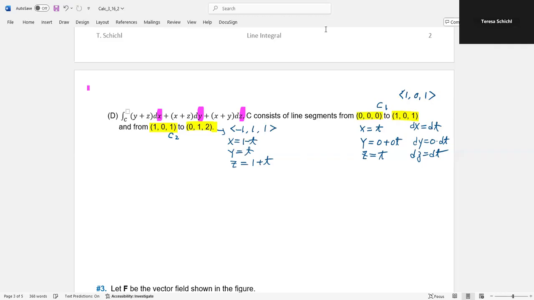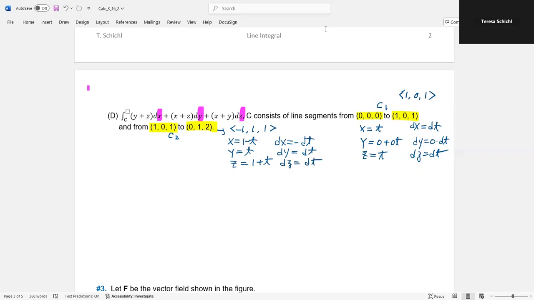Okay, and now let's do the dx dt. So the dx here will be negative dt. Then dy here is dt. And the dz here is dt.